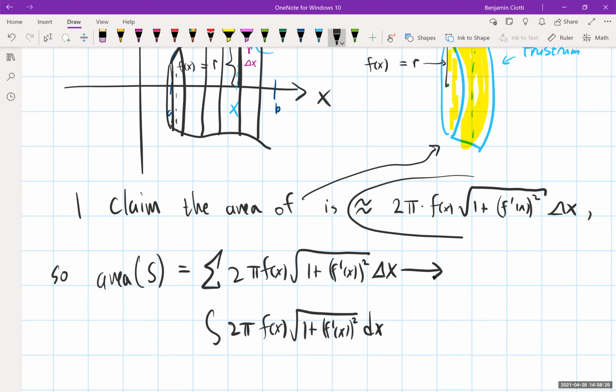Now I could justify this part right here. Although there's also another way to do this problem, and that's using the previous surface area formula and also polar coordinates. And that's what the book does.